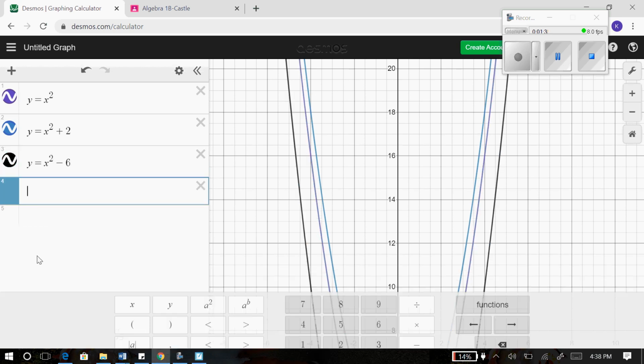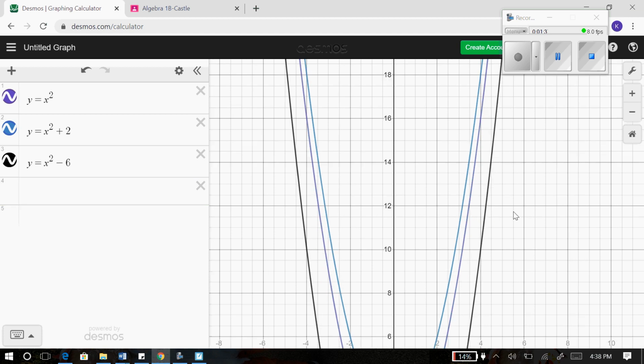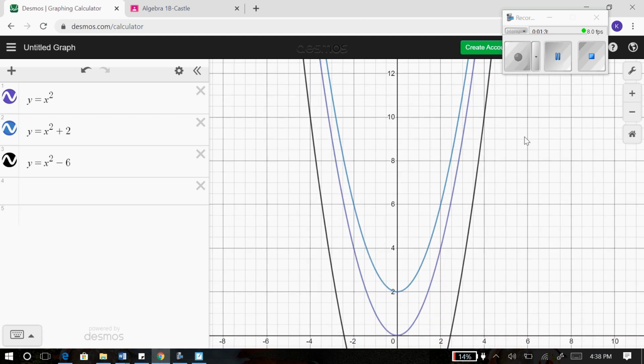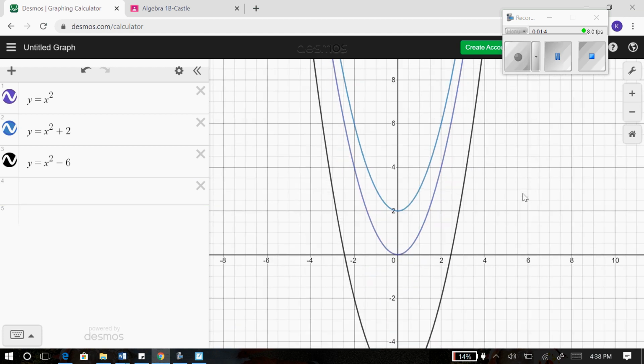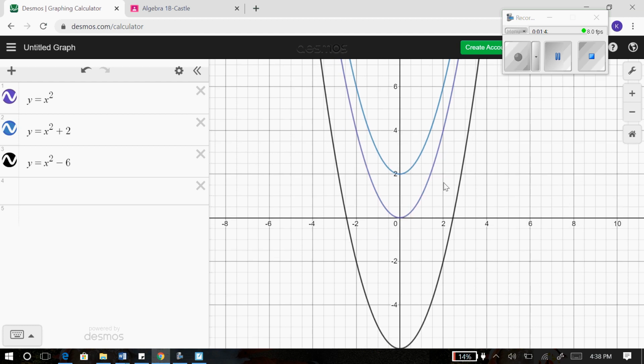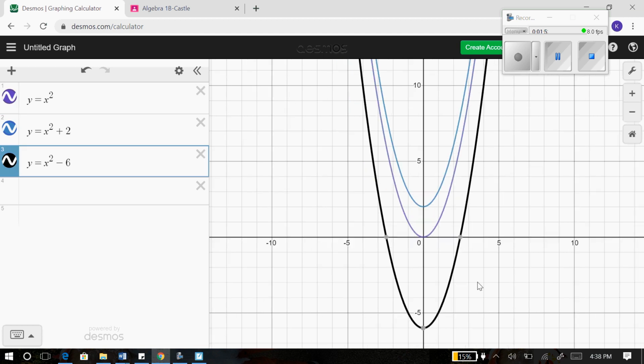All right, so remember, they're all based on that purple graph. I did say in my video that to find the vertex, you simply click the point. Click the vertex, and it'll tell you the point. All right, so everything is based on this purple graph.